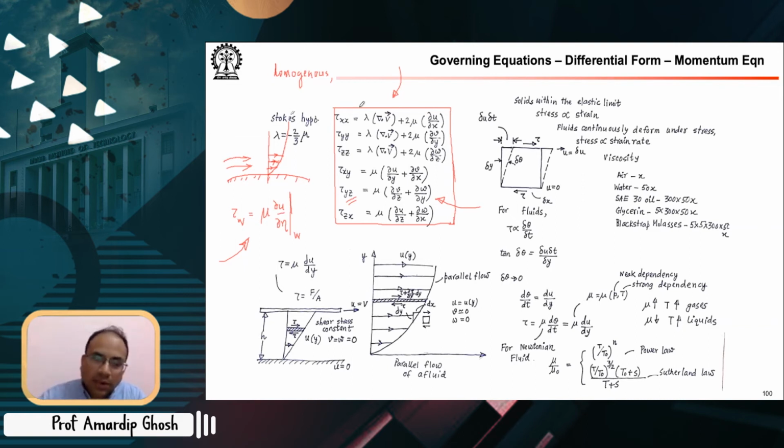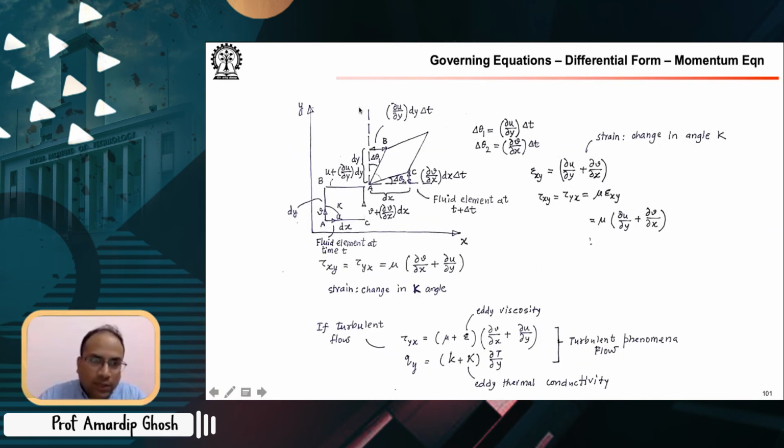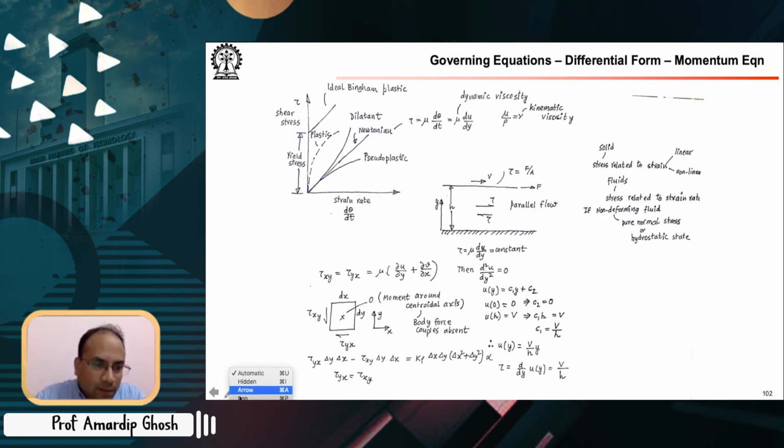So for a Newtonian fluid, if you look at this particular diagram, I'm moving back and forth between the slides a bit. Sometimes keeping it linear is a little difficult. You see, if you plot the shear stress versus the strain rate, why are we plotting shear stress with respect to strain rate?